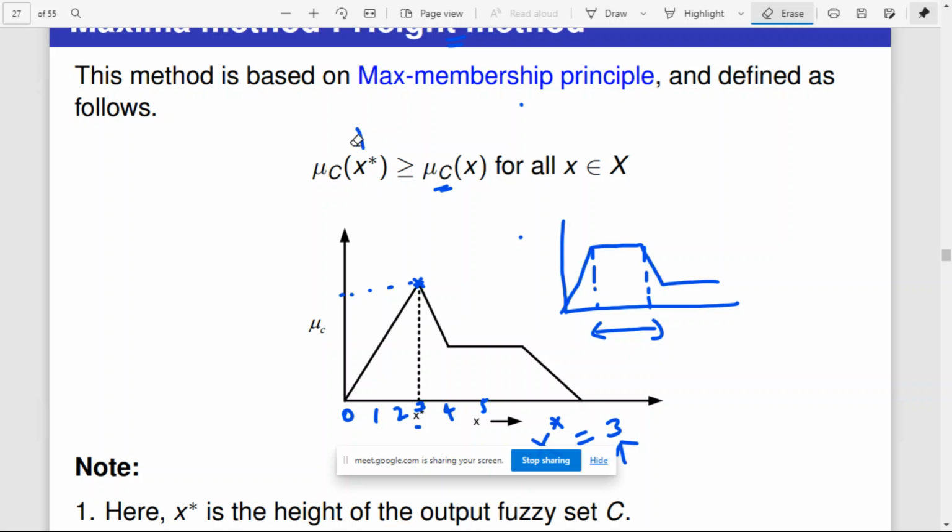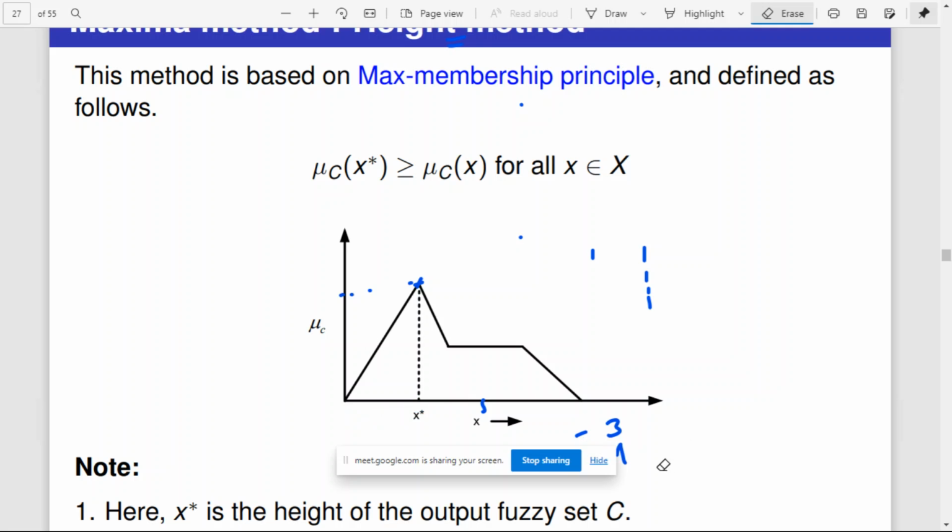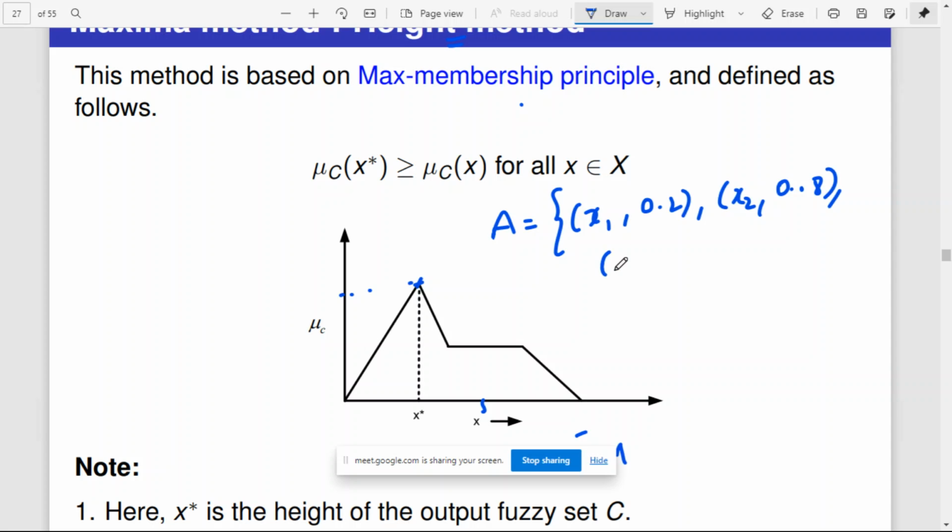I guess you are following. I will give one example for this. Say there is a fuzzy set given something like this: A equals x1 comma 0.2, x2 comma 0.8, x3 comma 0.9, x4 comma 0.6.